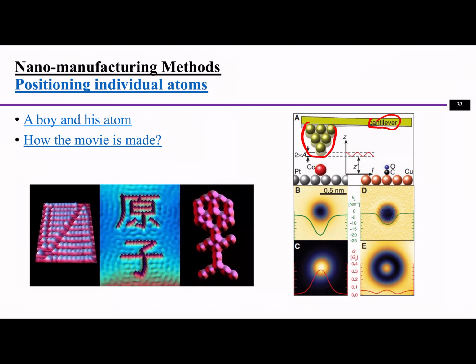There will be several atoms here, and because of the force, it will start to attract one single atom, and then by attracting one single atom with this force, we can drag the atom from one position or place to another. So this is how we can position individual atoms, and you can see some of the pictures scientists have made to create different images or patterns.